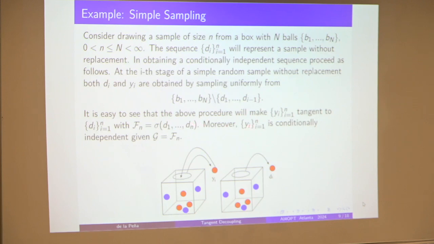And the sequence of yi's is conditionally independent given the sigma field of the d's. So here is an illustration: first you take y sub i, put the ball back, and then you take d sub i and take it away. If you do this repeatedly, you get a decoupled sequence.